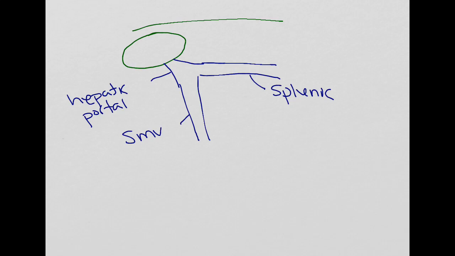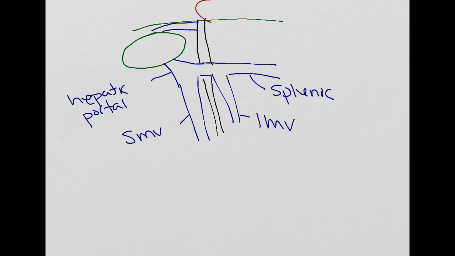The inferior mesenteric artery drains up to the splenic artery usually. Inferior mesenteric vein drains up to the splenic vein. Those all dump into the liver, and then eventually, I'm going to do the inferior vena cava in black here, so this is going to be behind all of this. Eventually there's a little vein called the hepatic vein, which will drain this over to the inferior vena cava, and then back up to the heart.